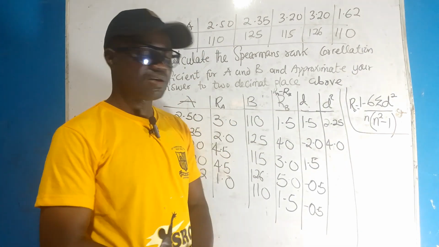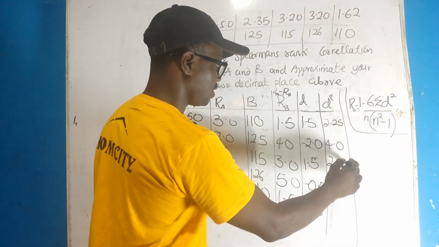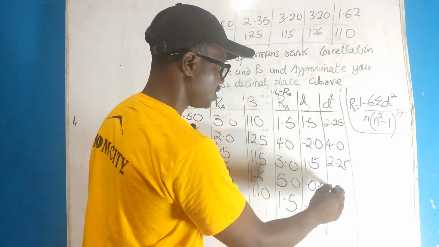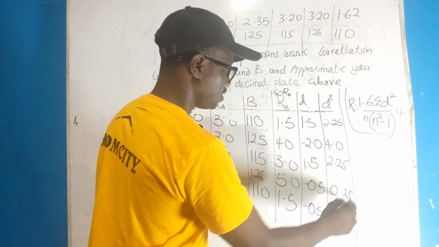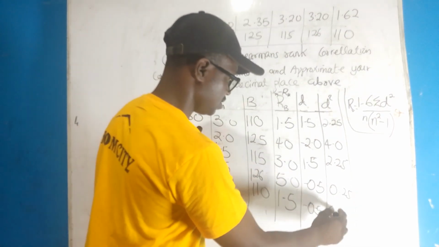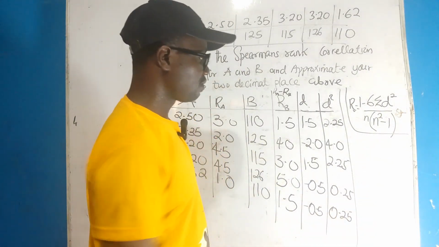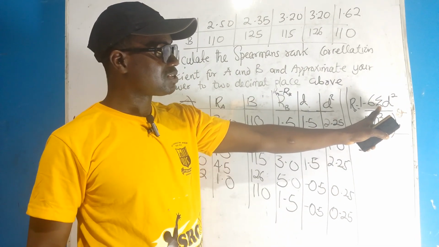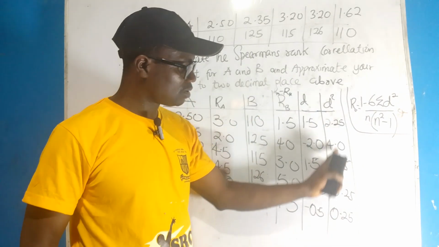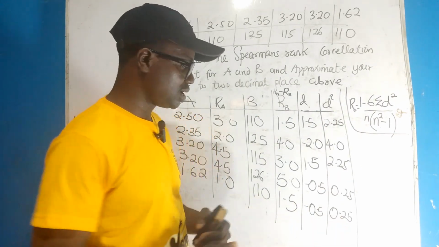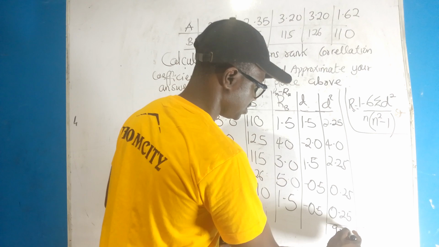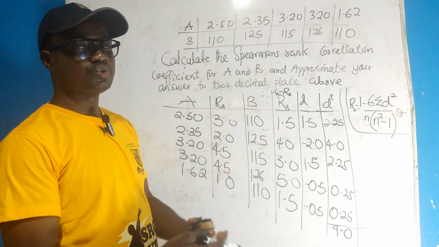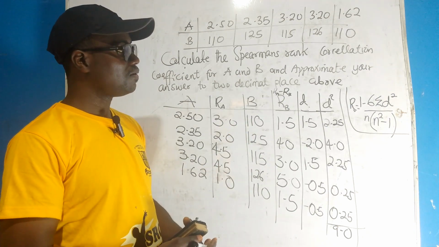You square 1.5, you're going to get 2.25. You square negative 0.5, you're going to get 0.25. And similarly, 0.25. Let's have the sum, because in the formula, we are having summation of the d squared. So when you add all these values, you are supposed to get 9.0.